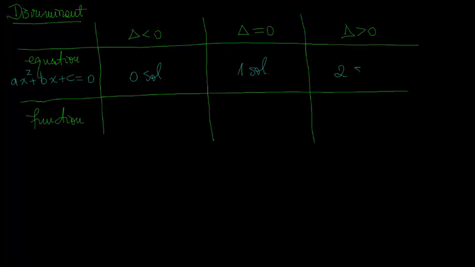And finally, if delta is a positive number, then I had two solutions. So let's just pause and understand that really here, this is a polynomial of degree 2, and we have an equation, and it's not necessary that you have two solutions for a quadratic equation. You actually can have 0 solution or one solution.